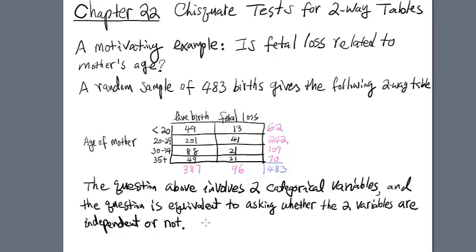Next, I'm going to calculate the probability of observing mothers that are younger than 20 and babies that are alive at the same time. Here, we assume that the row variable and column variable are independent.